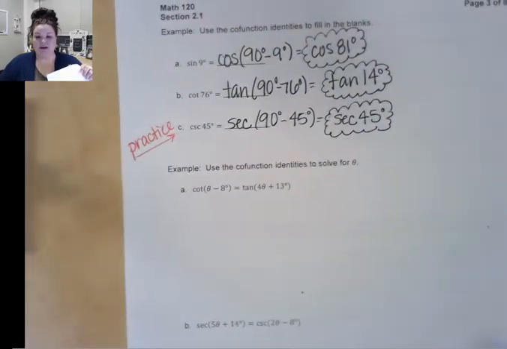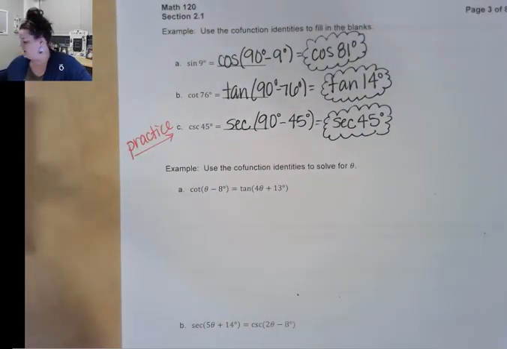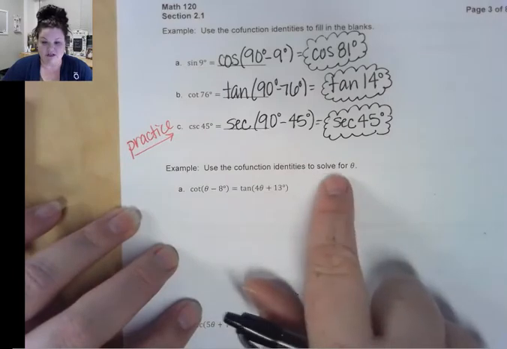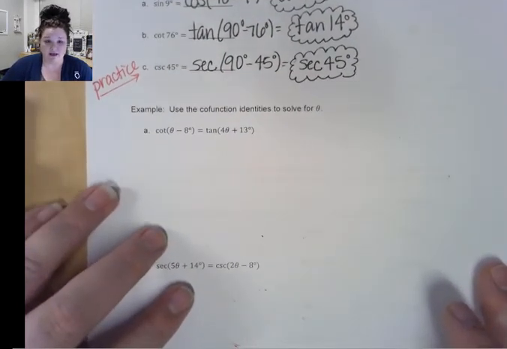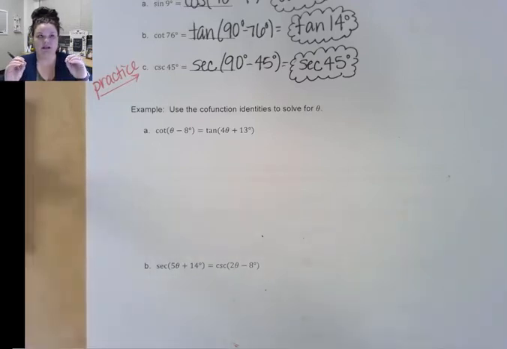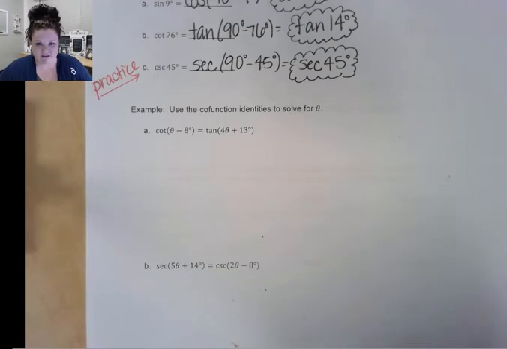All right, I want to show you another way that we can use these cofunction identities to solve for an unknown angle measure, okay? So I want you to think about these problems. When you see them, there's got to be some strategy, right? There's got to be something that stands out to you, something that creates a light bulb effect in your brain.